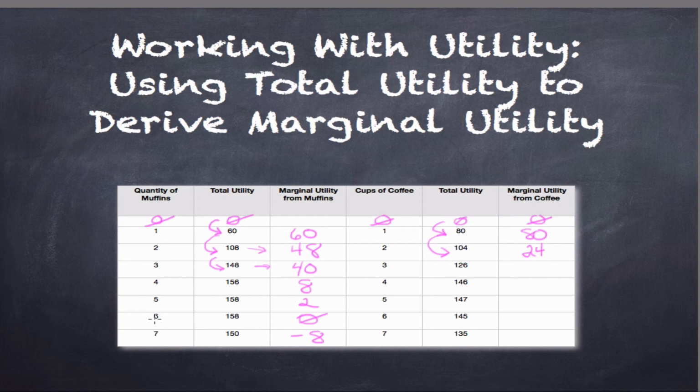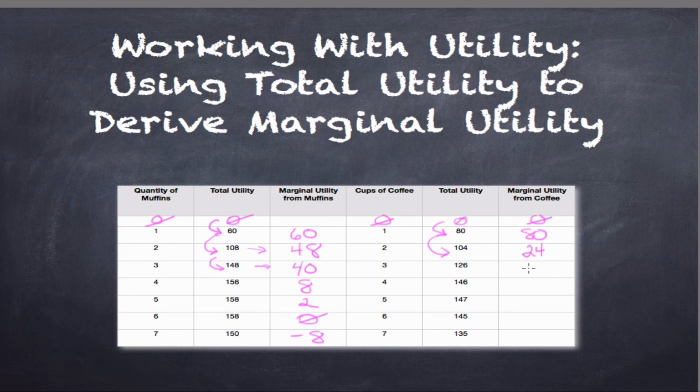And indeed, the sixth cup right here brings no additional satisfaction. Danny had a total utility of 158 after the fifth cup, total utility of 158 after the sixth. He got no benefit from that sixth cup, hence zero marginal utility. And here we see it turn to dissatisfaction. It actually decreases the level of total utility because the marginal utility associated with the seventh cup is indeed negative.